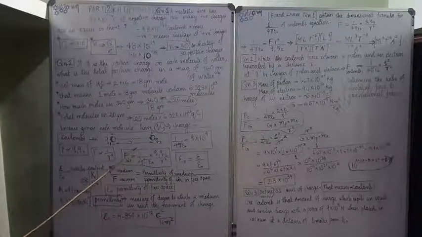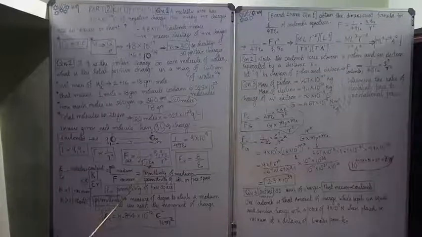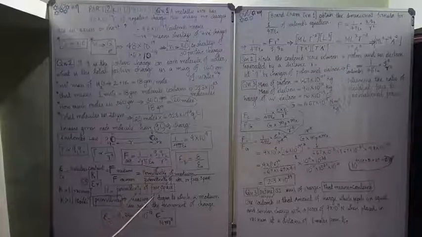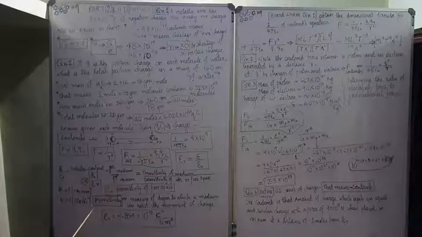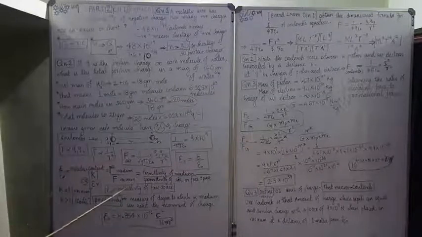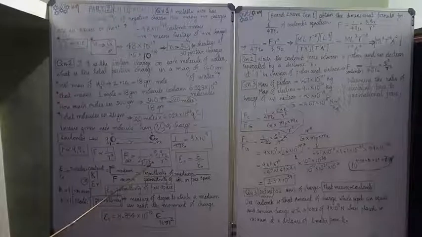If it is vacuum, we place epsilon 0. But if another medium comes in between, then we can incorporate a value, turning epsilon 0 into epsilon 0 epsilon r.